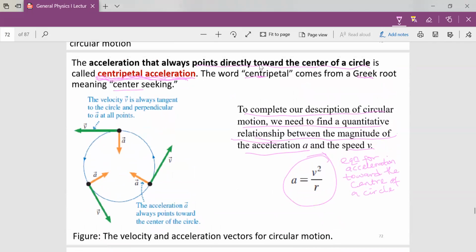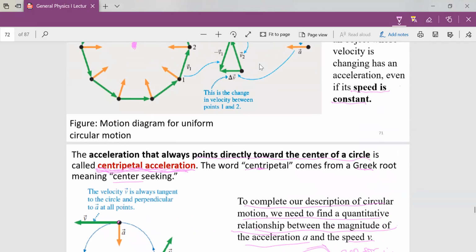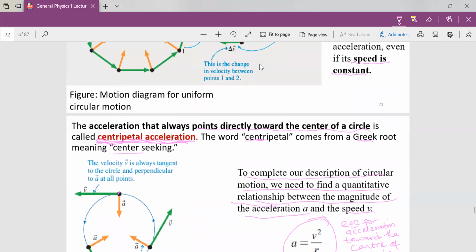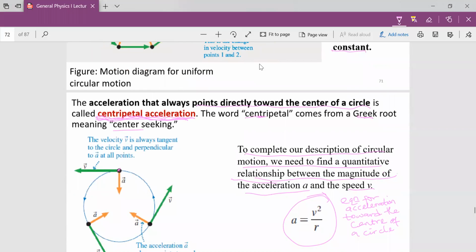We can see something unique about the v and the acceleration. The velocity is always tangent to the circle. Okay, you can see that when you try to make this one a perfect circle, you see the velocity having a tangent position to the circle.